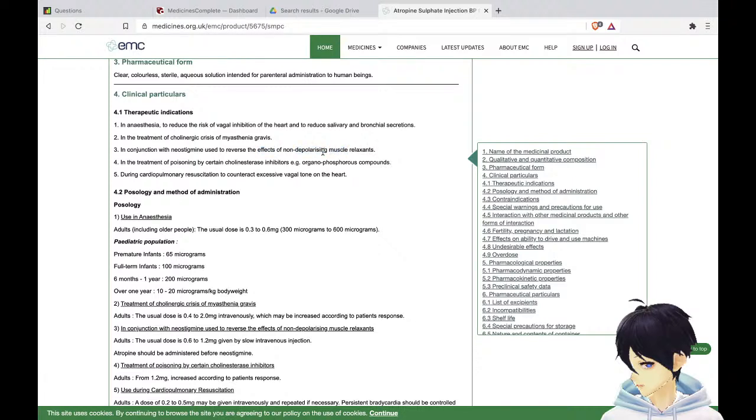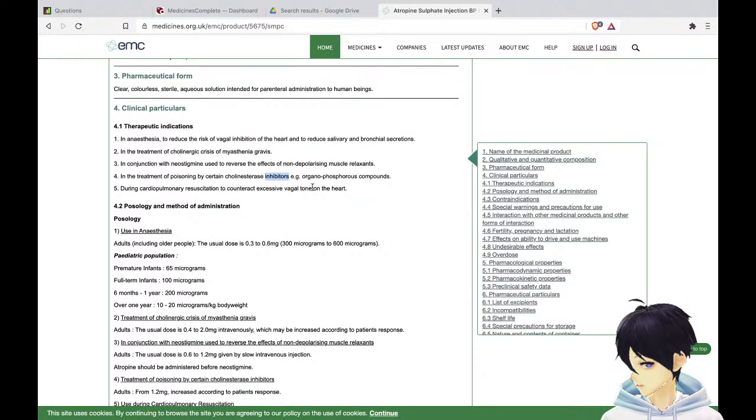I already forgot what these things do. I just studied this a few days ago. In the treatment of poisoning by certain cholinesterase inhibitors. Cholinesterase inhibitors, so there's too much acetylcholine activity. So atropine is an anticholinergic then.